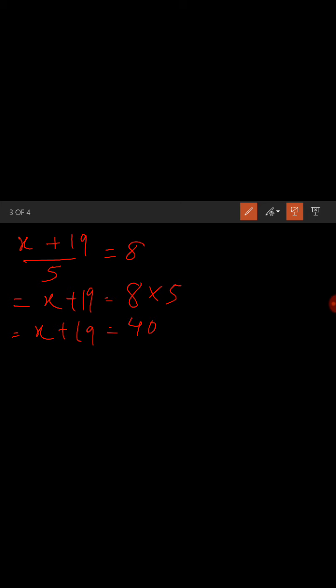Now 19 will get transposed, so x will be equal to 40 minus 19. So let me divide the screen. So what you will get, x equals to 21. So this is your answer. Now write down a last statement.